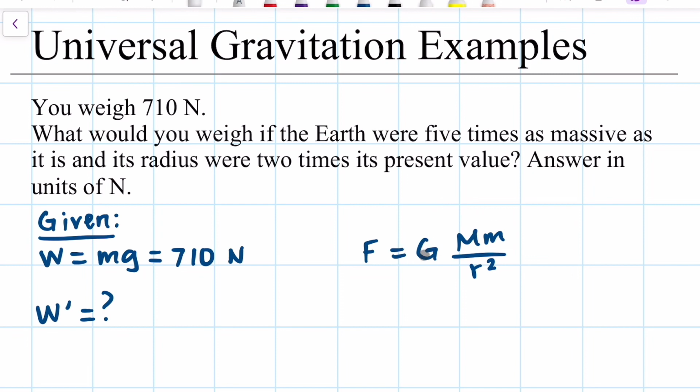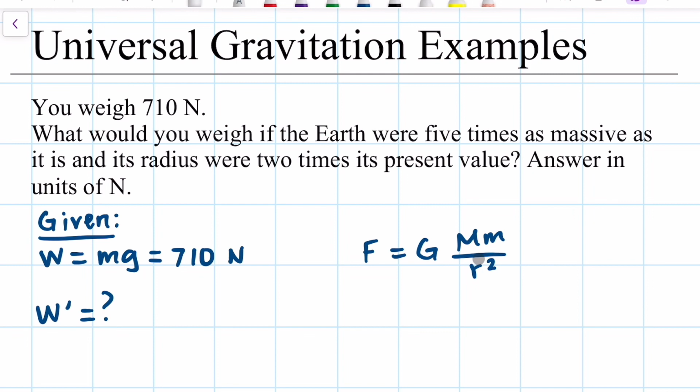This is the universal constant of gravitation, big G, some people call it, times the product of the masses. Normally I like to use the capital M for the bigger mass, lowercase m for the smaller mass. And then we divide by the distance squared.